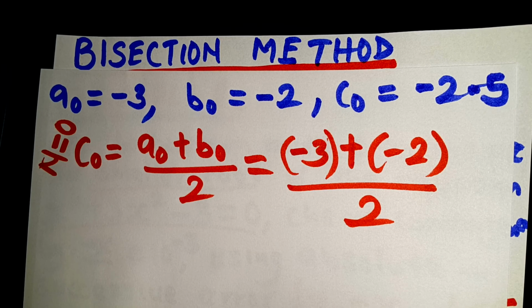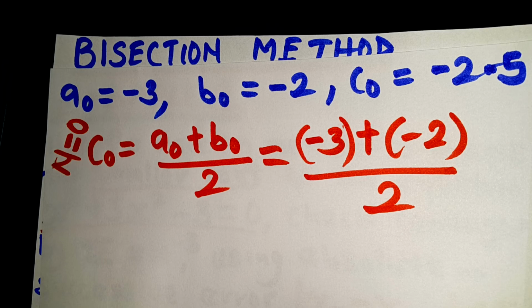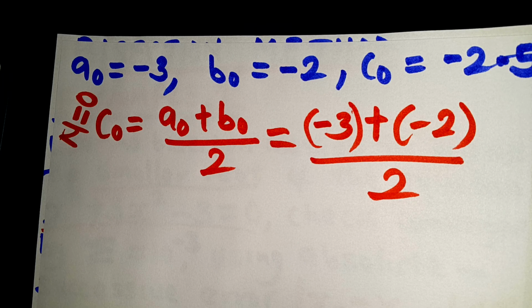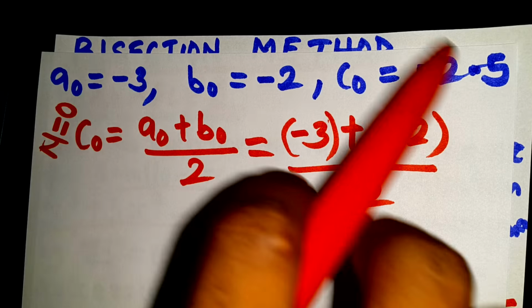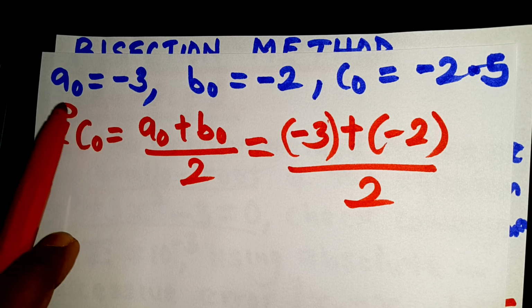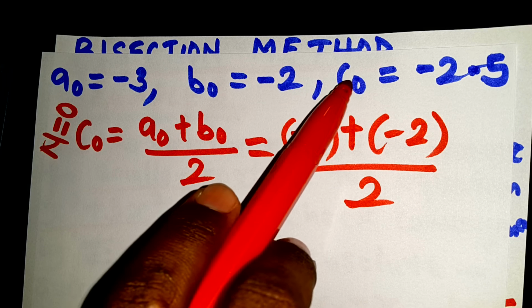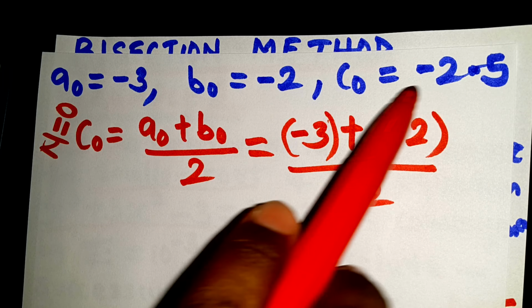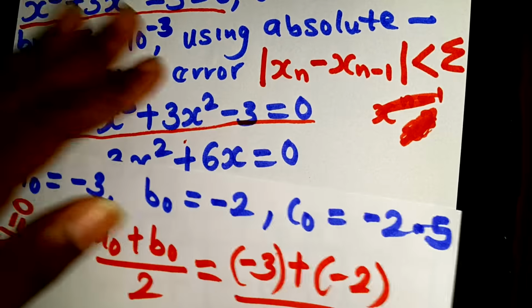The next thing we have to do is to find when n equals 1. For us to be able to do that, we have to plug in all these values, I mean A naught, B naught, and C naught. You have to plug in minus 3, minus 2, and minus 2.5 into our function, which is this one.